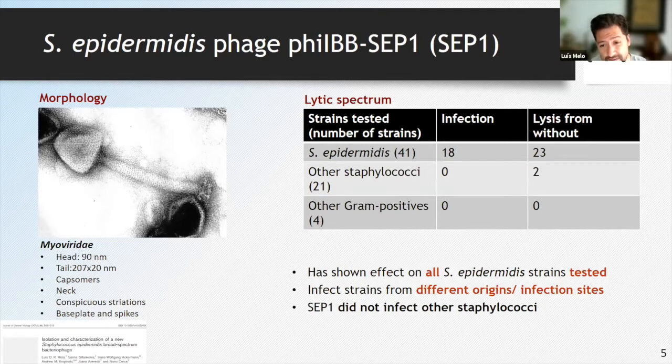We tested this on 41 S. epidermidis strains, and we could observe that the phage had an effect on all of the strains tested. In addition, these strains were from different origins and infection sites. No infection was detected in other staphylococci or other gram-positive organisms.